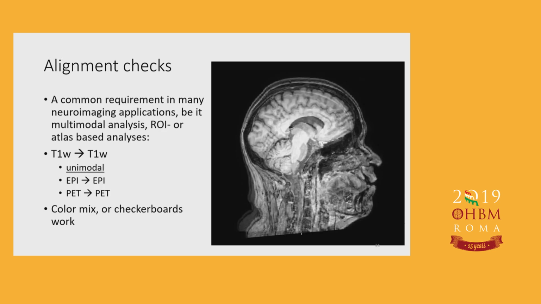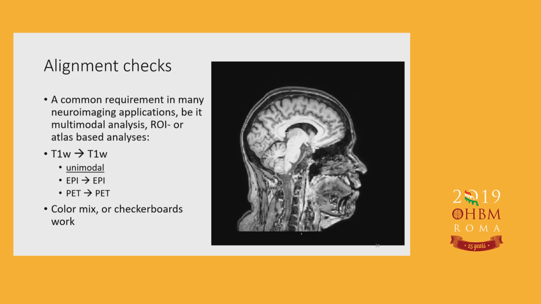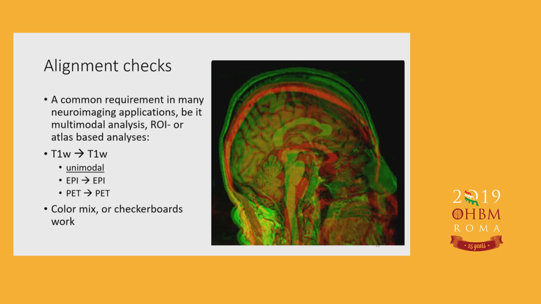One of them is just flipping back and forth between the images you need to check alignment between, followed by mixing the two images as two color channels in the RGB spectrum, which makes it really easy to detect. In this case, red is one image and green is the other one, and you can see that they're clearly out of alignment.